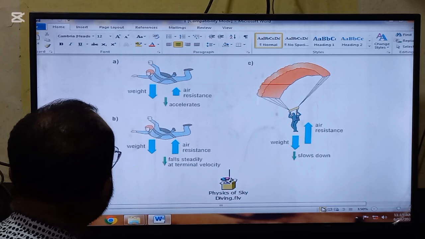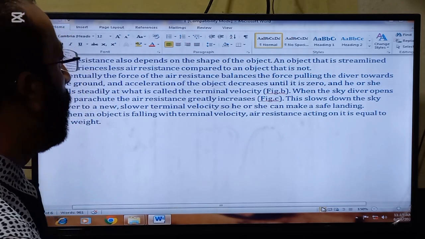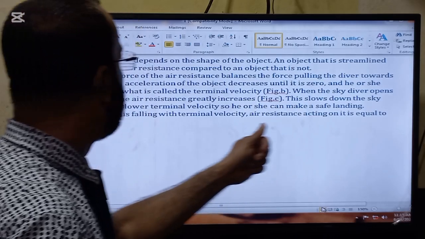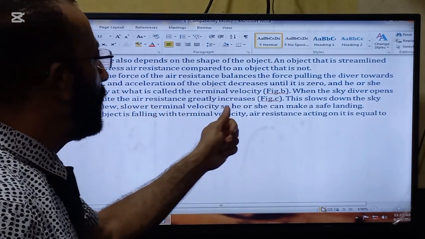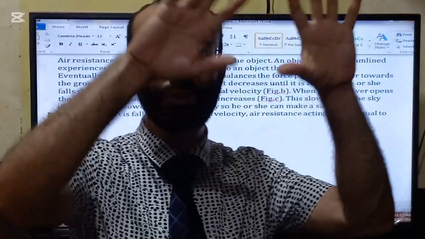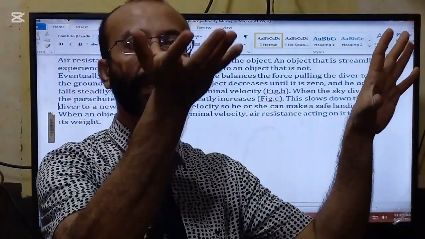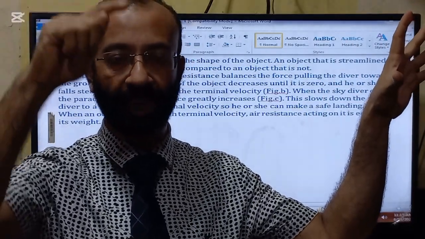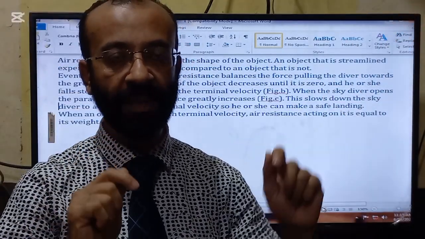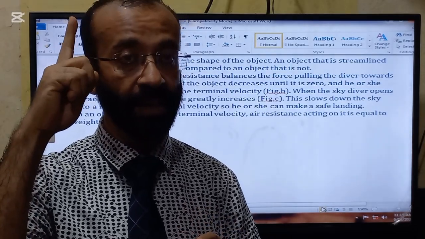So further, when the skydiver opens the parachute, the air resistance greatly increases. Because the parachute opens, there will be a greater surface which will resist the air, so there will be more air resistance now as compared to the body. So now the body's weight is lesser as compared to the air resistance.